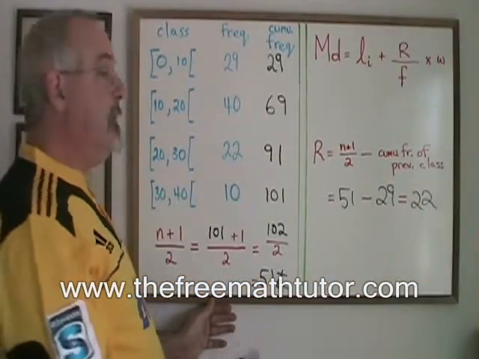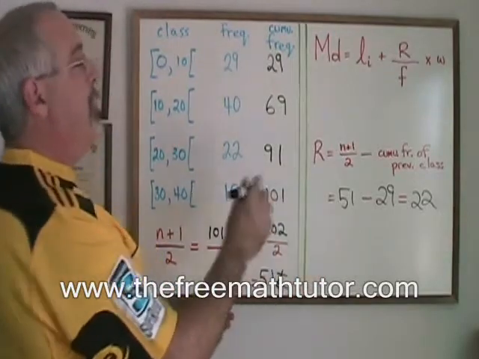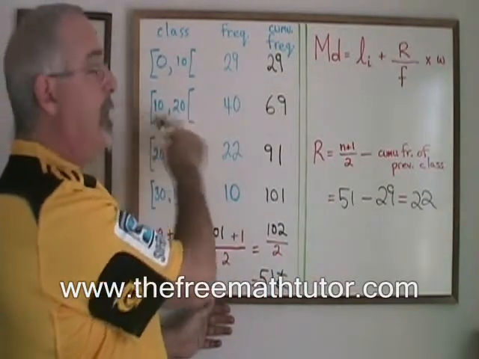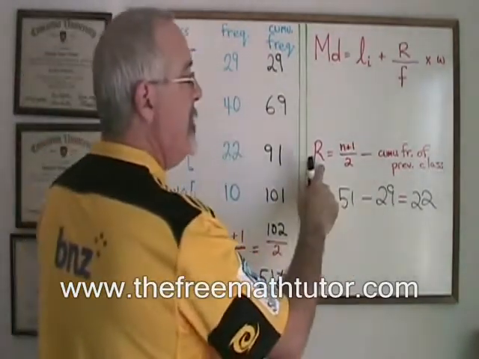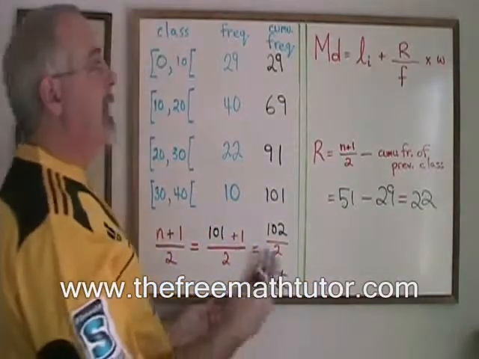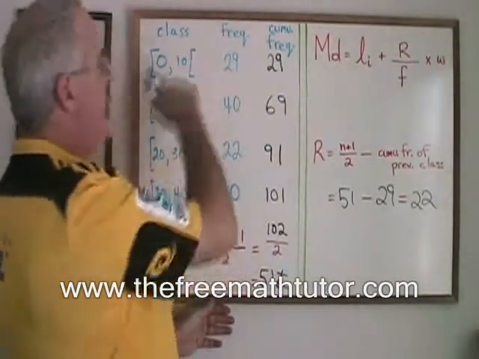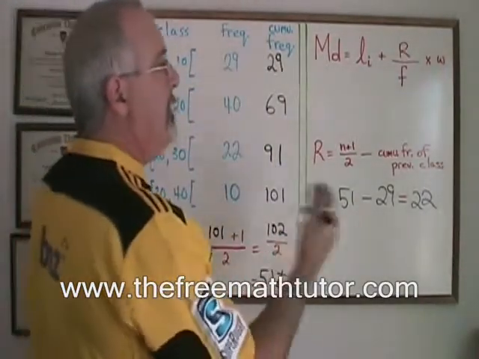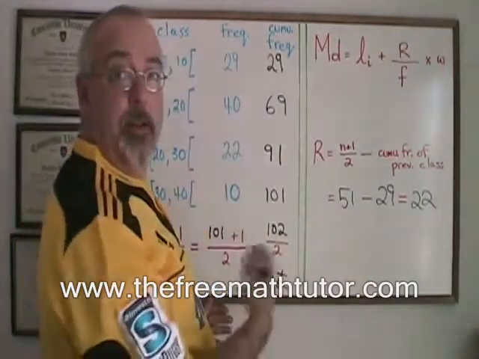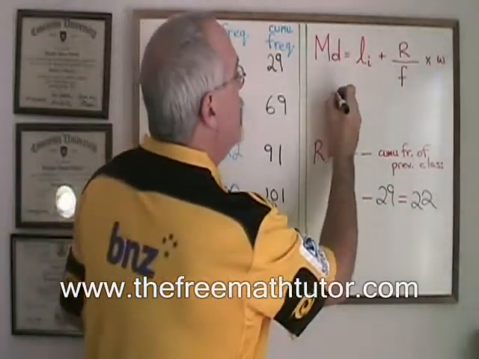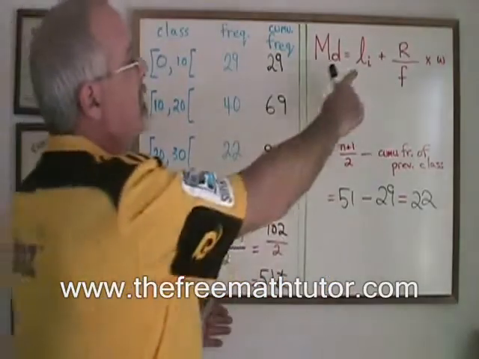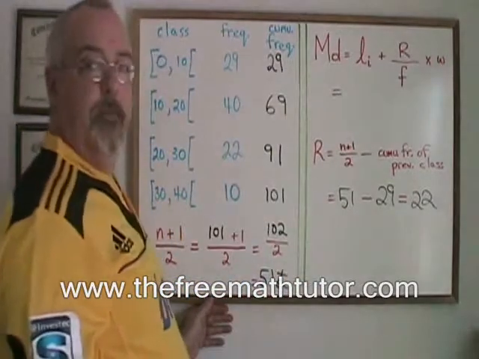Now, finally, since we have this information, we know what our median class is, and we know the rank of our median within that class, we have enough information to fill in our median formula. This formula is only used for class data, and it's very easy to use once we have done this work to set it up. Median is equal to L sub I, the lower limit of the median class.